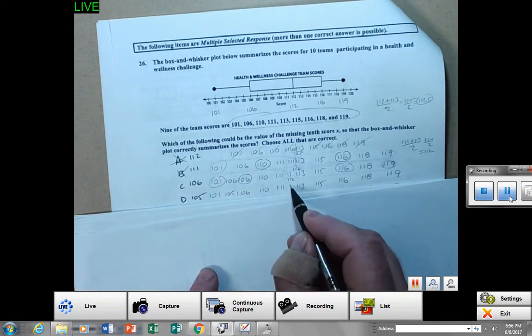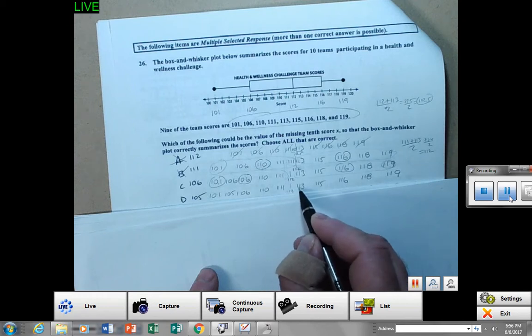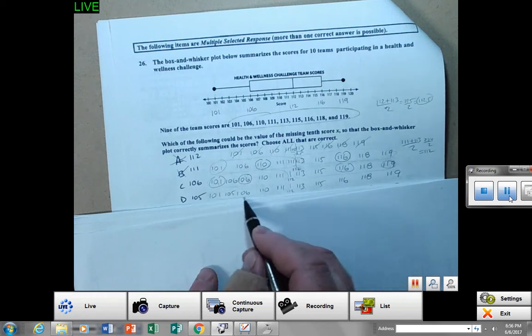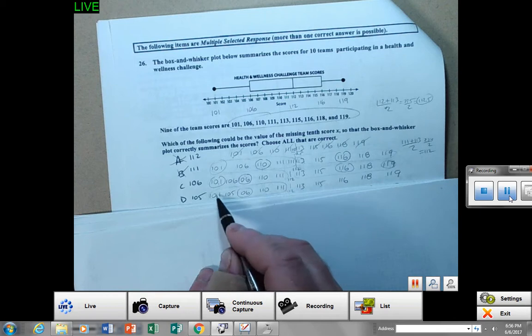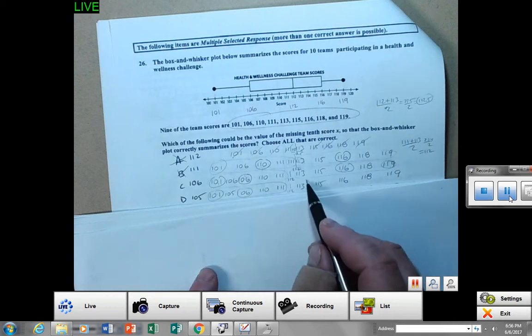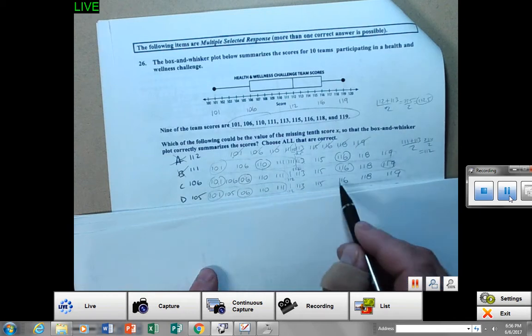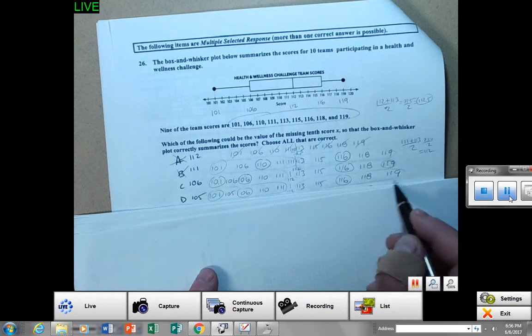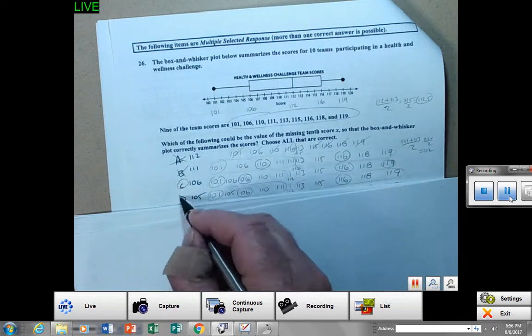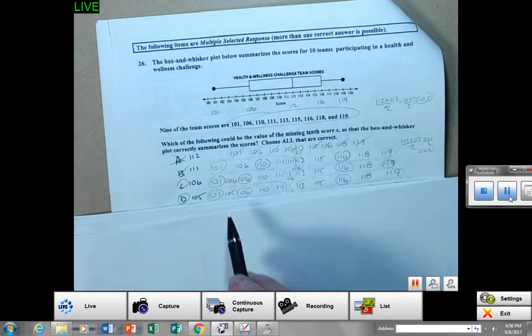Again, still would have a median between these 2 of 112. The median of this bottom half, 106, looking good. Minimum 101. Median of this top half, 116, still looking good. 119, looking good. So both those are still good. They still make your data match this box and whisker plot.